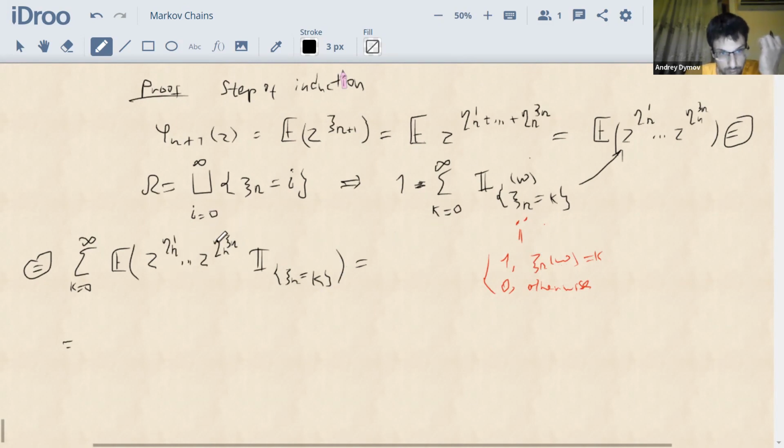So I can just replace it here by k. And I'll do this: z to the eta n1, z to the eta nk. And also I have the indicator function.